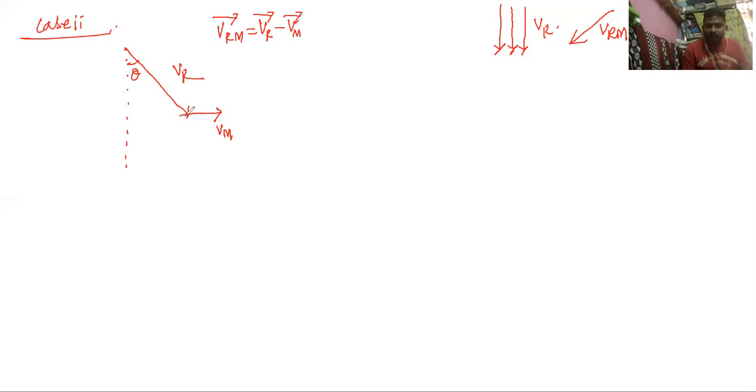This is velocity of the rain, so this is velocity of the man, isn't it? Minus velocity of the man. So in this case, you can find the velocity of the rain with respect to man will be like this. So this is VRM. Here, the total angle, this is theta.